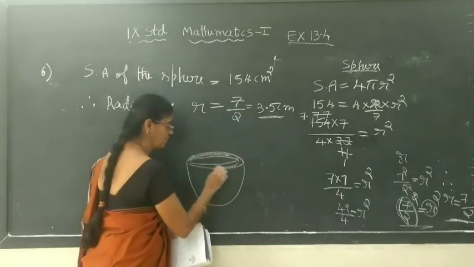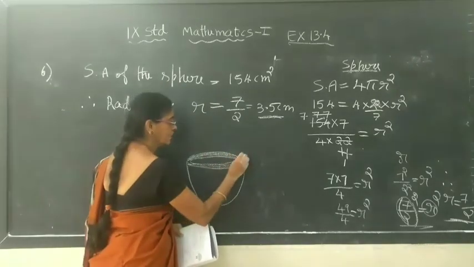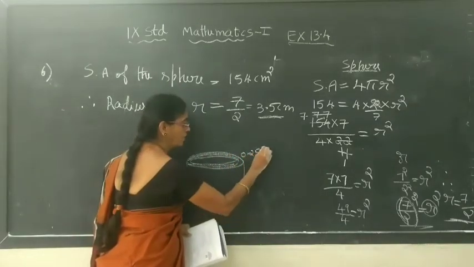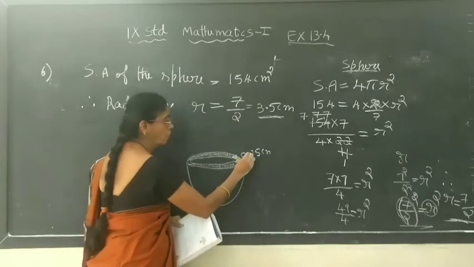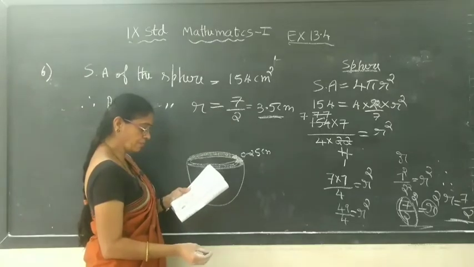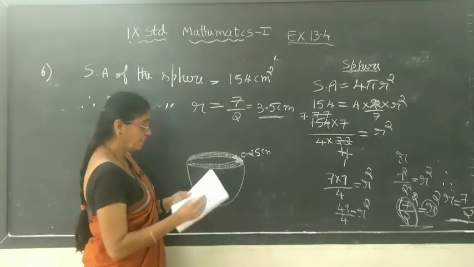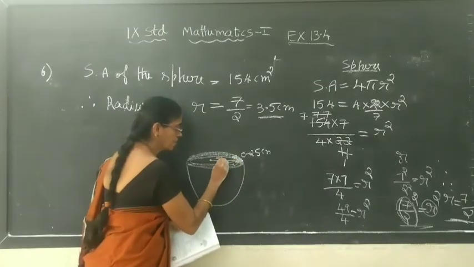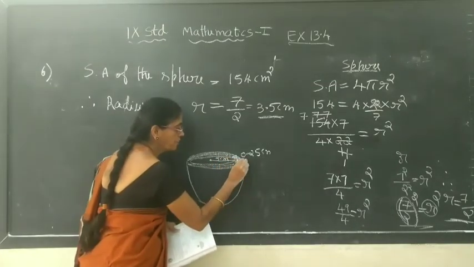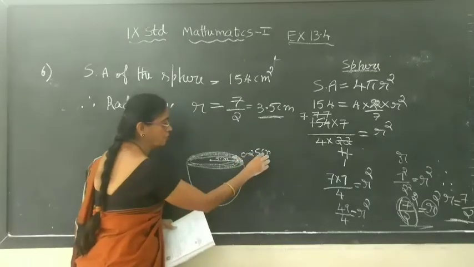How much is the thickness of this hemispherical bowl? Thickness is 0.25 centimeter. This thickness is there, no? This much is 0.25 centimeter. And the inner radius from here to here is 5 centimeter.